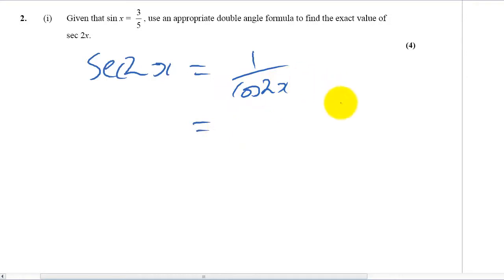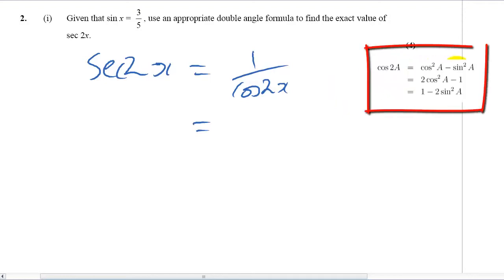We have several choices for cos 2x. You could have 2 cos squared x minus 1, or you could have cos squared x minus sine squared x, or you can have 1 minus 2 sine squared x. Now given that we're given sine x and we don't know anything else about the value, we ought to use the one involving sine. So we get 1 minus 2 sine squared x.